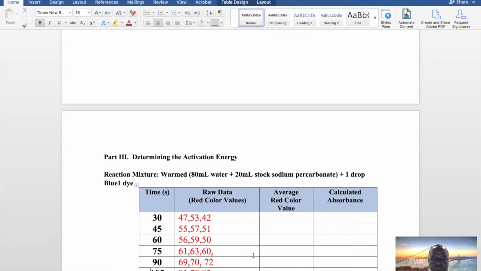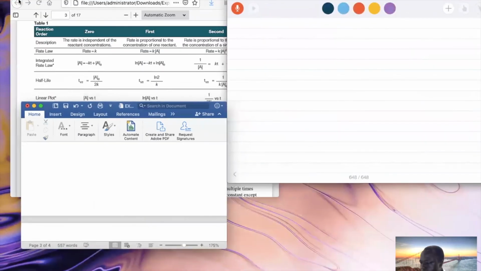Some authors define activation energy as the minimum amount of energy required, or which must be surmounted by the reagent to form the product. I'll draw the energy profile picture of the reaction kinetics. Here is the energy on this side, and here is the time.